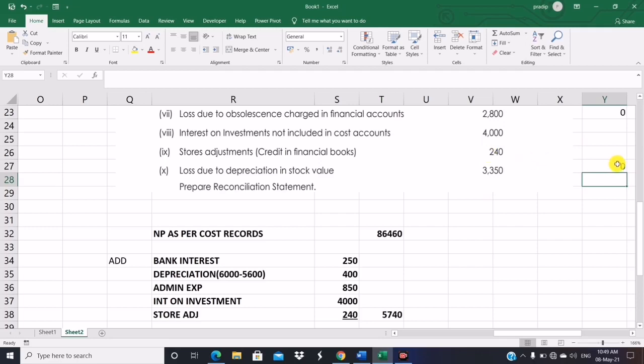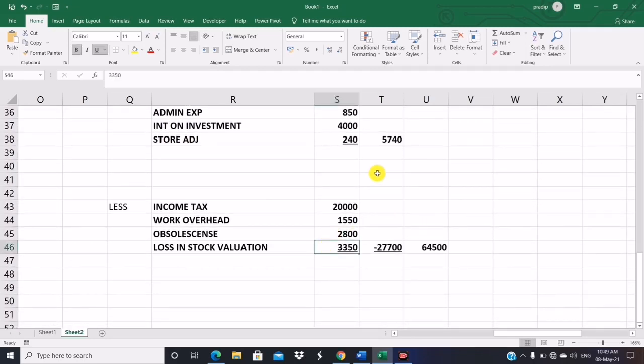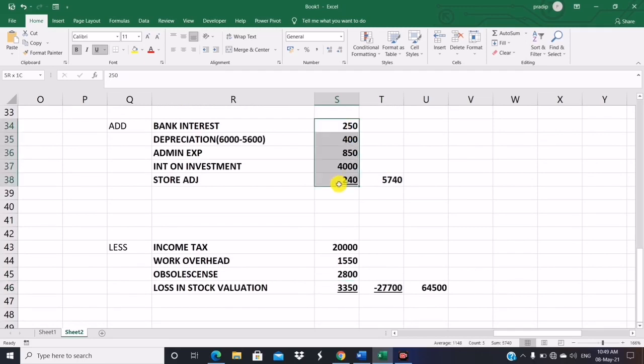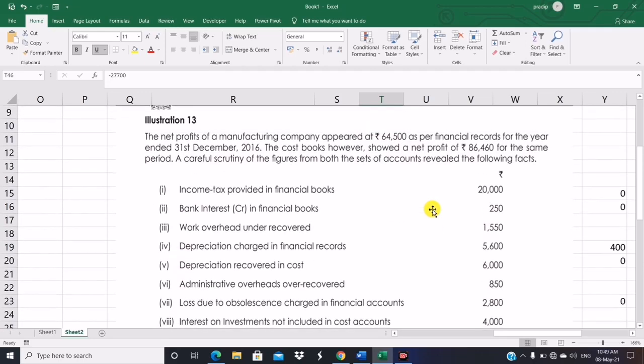So in costing we have undervalued by rupees 3350. If an expense is undervalued, what we have to do is less. So after calculating this, the add total is 5740, and the total is 27,700. After doing the adjustment, we get our answer, that is 64,500, the profit as per financial accounting.